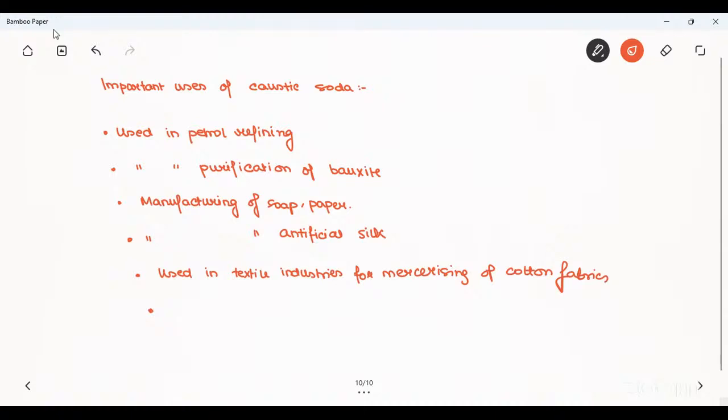Then used in preparation of fats and oils. Also used as laboratory reagent. So these are the different uses of caustic soda.